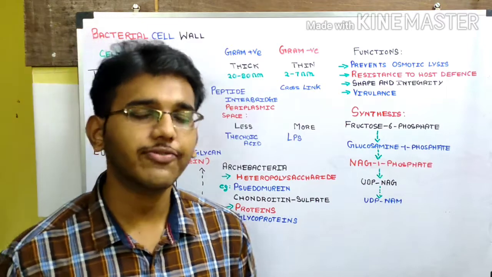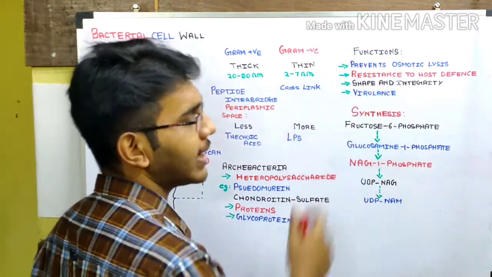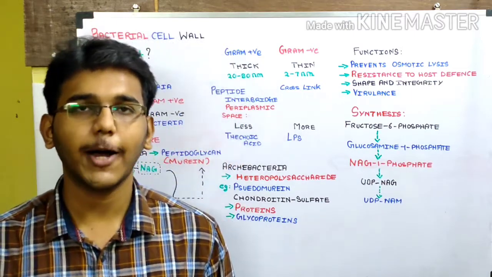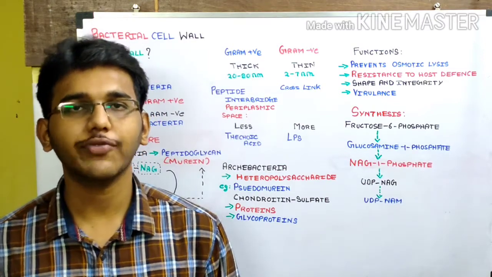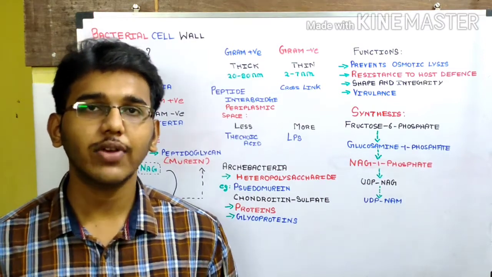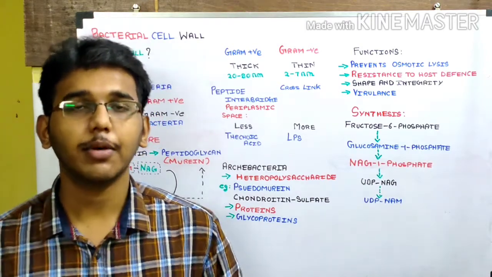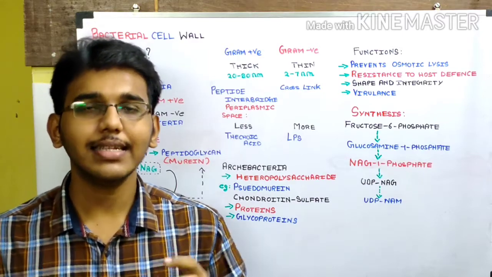Now let us discuss the functions of a bacterial cell wall. It prevents the cell from osmotic lysis. Whenever the bacterial cell enters the host environment, because of the hypotonic nature of the host environment, the bacterial cell will swell in size, but it will not burst. The bursting of the bacterial cell is prevented by the bacterial cell wall.